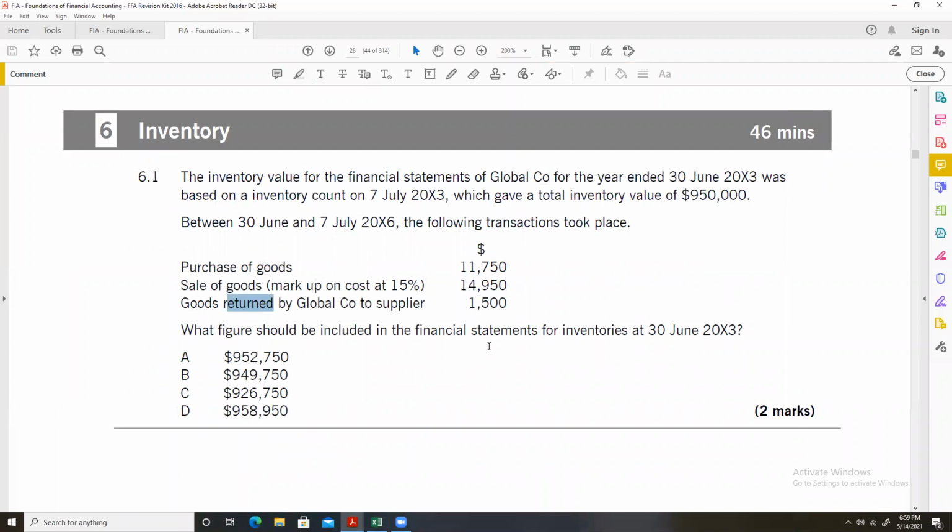goods were returned to supplier, $1,500. During this period, goods were returned to supplier. Goods were actually taken out of the inventory that was present on 30th June. So these goods went out of the inventory that was in hand on 30th June.